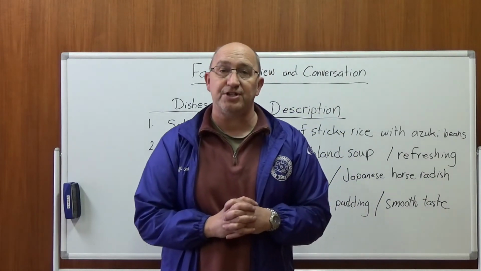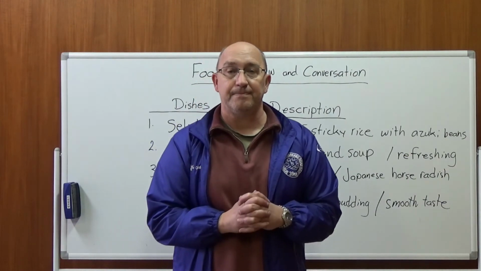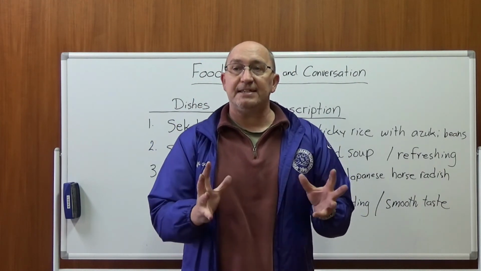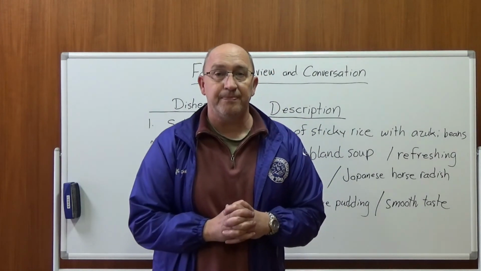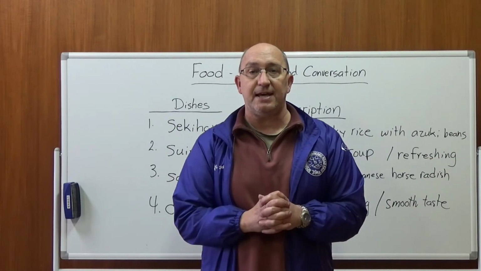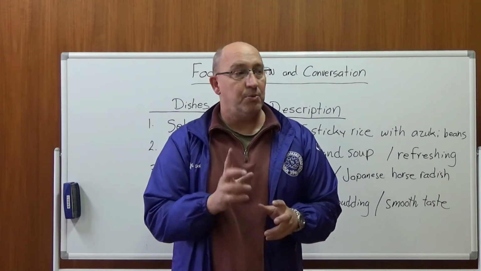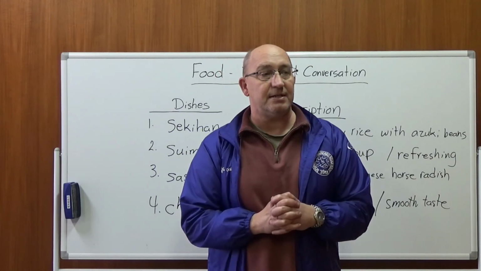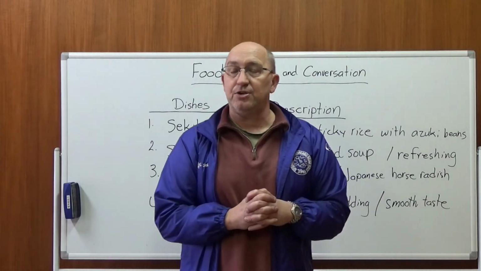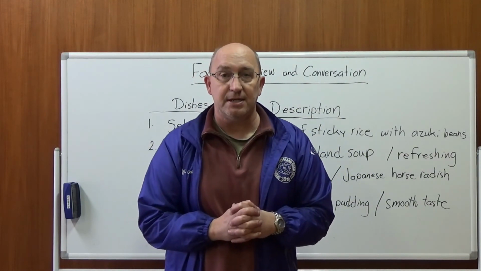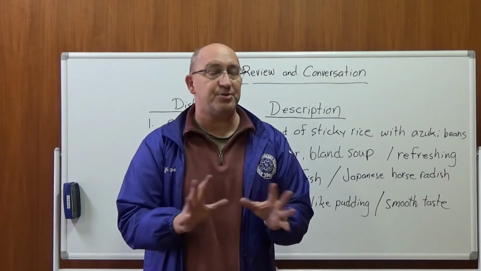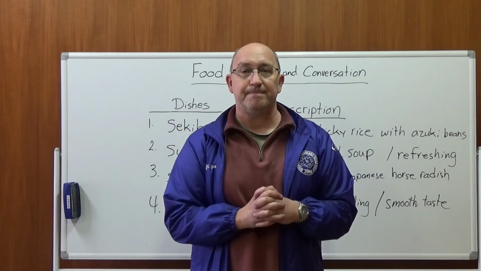It's very refreshing. That sounds good, but I'm really hungry. Let's have sashimi too. It's raw fish served with soy sauce and wasabi. Wasabi is a kind of Japanese horseradish. And we could also have chawanmushi. It looks like pudding. It has a smooth taste. Great, let's go.